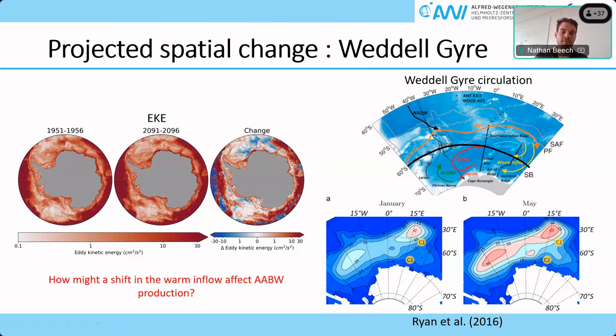And before I get to that, I brought up the Antarctic bottom water production in the beginning of this as one of our motivations for looking at the region. And as it turns out, if you're not a polar oceanographer like I'm not, this warm inflow actually represents one of the precursors to Antarctic bottom water.